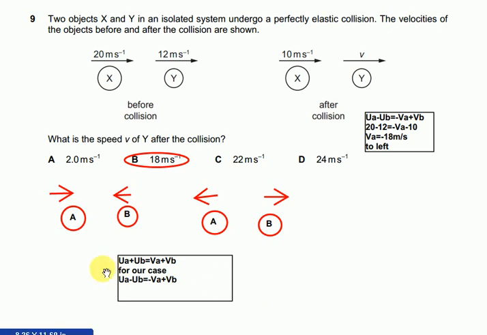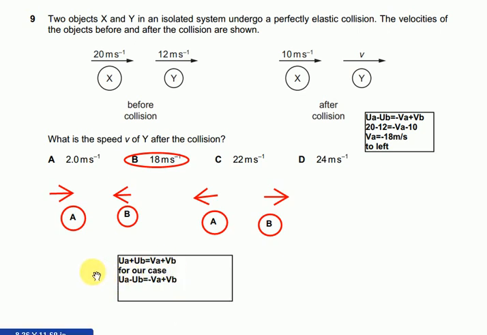This is the formula we have learned from our A-level course, that A and B are approaching each other, uA and uB are the velocities, and after collision, vA and vB are the velocities after collision. So uA plus uB equals vA plus vB.